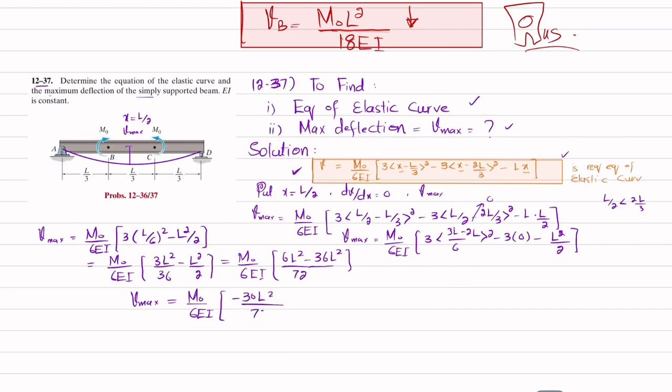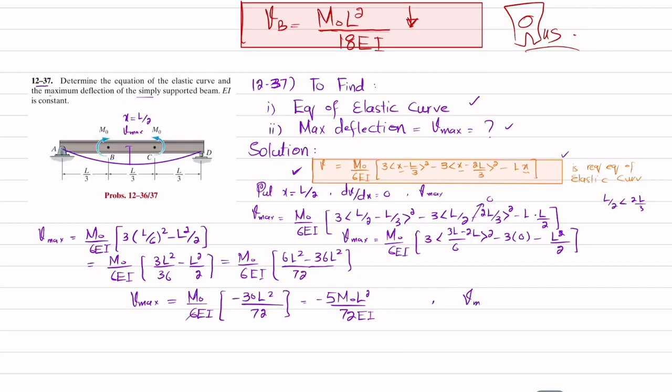Okay, so 6 ones are 6, 6 5s are 30, so it will be minus 5 m naught L square over 72 EI.